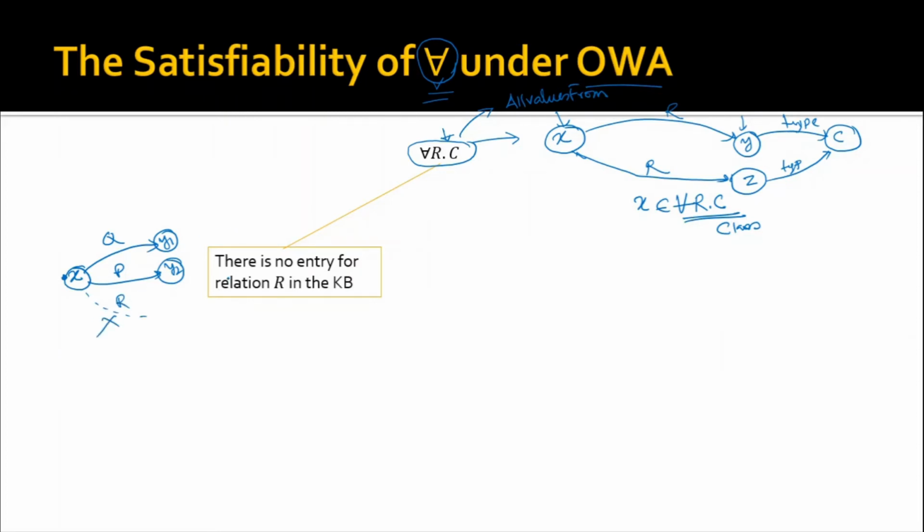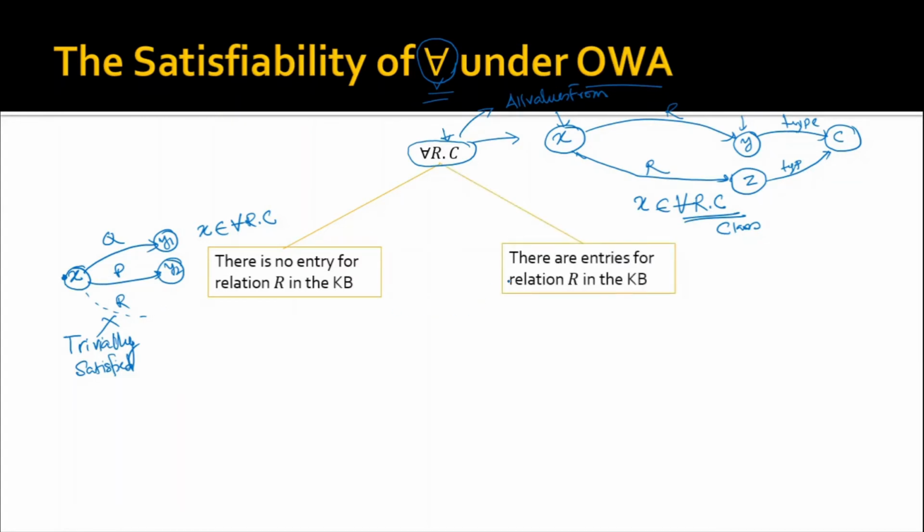In that case, X would be a member of for all R.C. In this case we see that this particular expression is satisfied, but it is satisfied trivially or vacuously. So this is called trivially satisfied. We do not have any case for R, still it is satisfied, right?